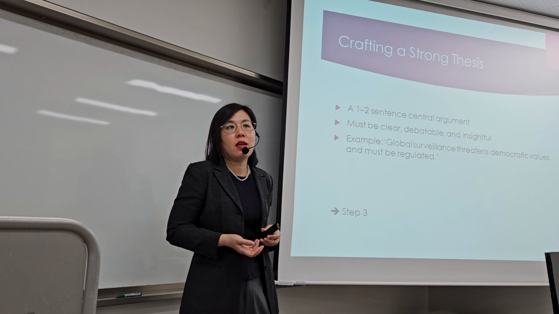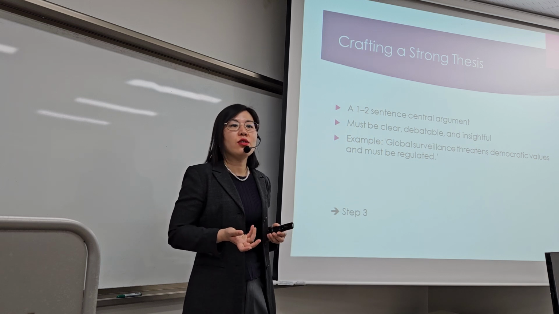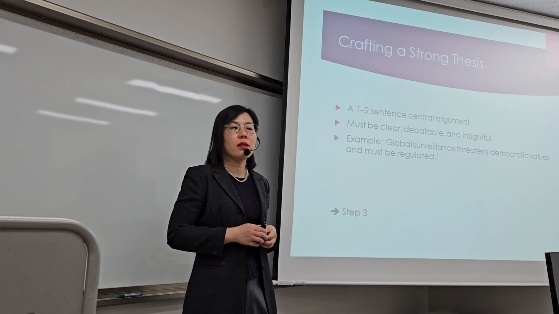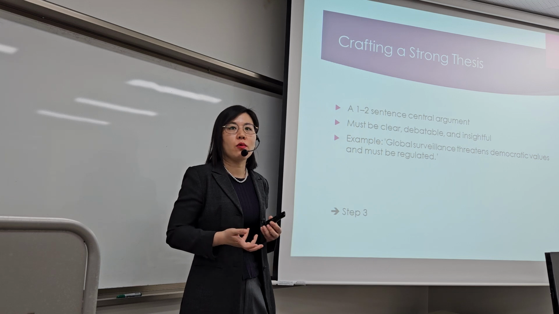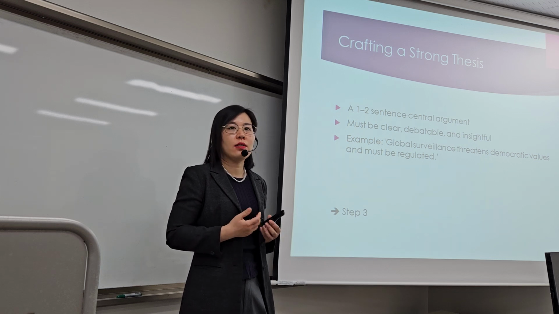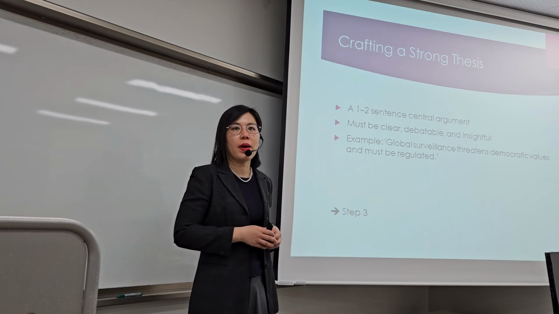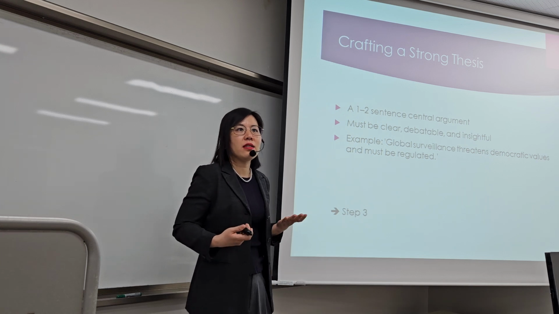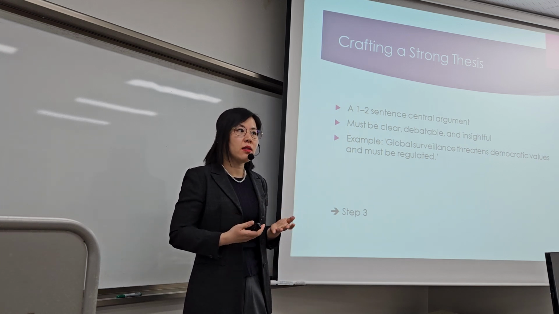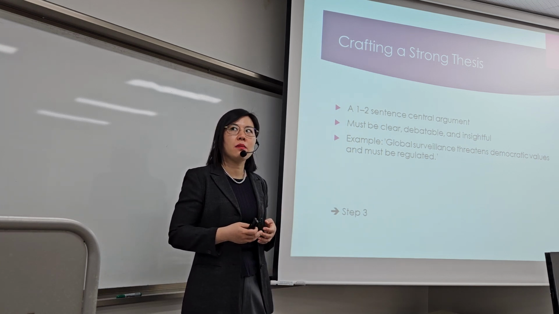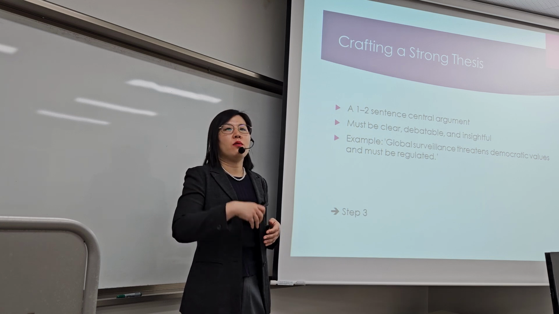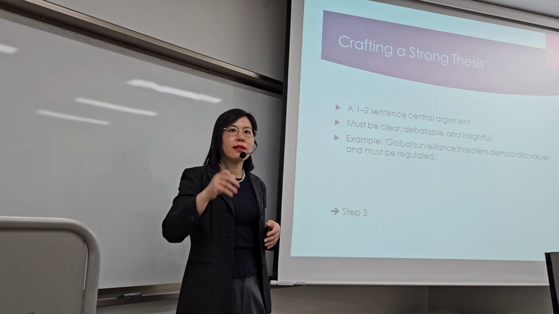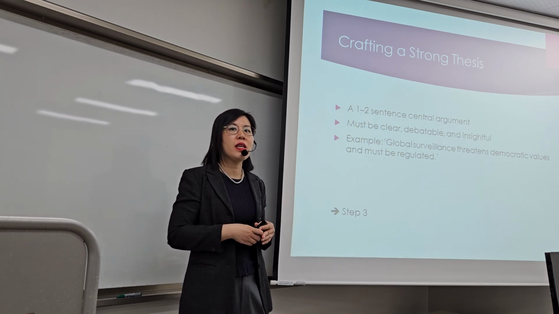Some people might say that surveillance is linked with technology only, so it's not linked with democratic or political values at all, so we can't argue in this way. That is what debatable means. You're presenting your argument, so somebody else will raise his or her hand and say a different opinion on this.